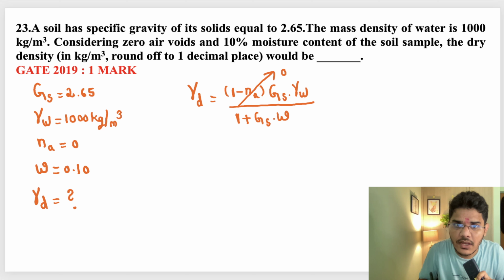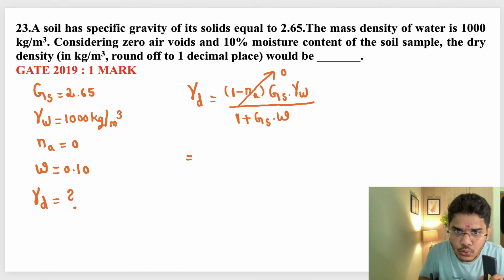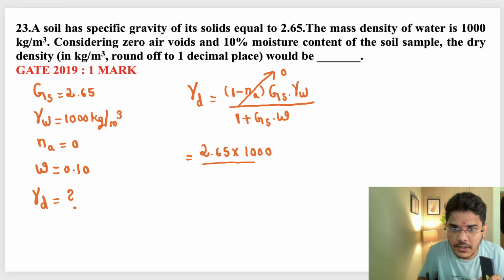So gamma d we have to find out. So that is nothing but G value is 2.65 into gamma w, how much? 1000 kg per meter cube, divided by 1 plus 2.65 into water content 0.10.